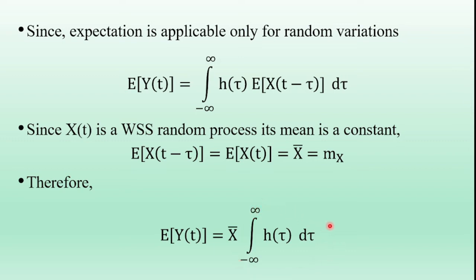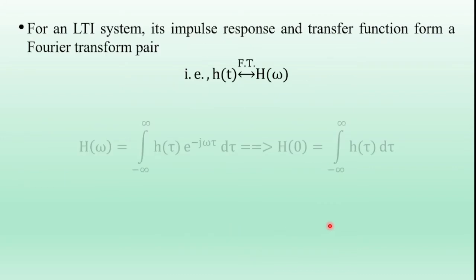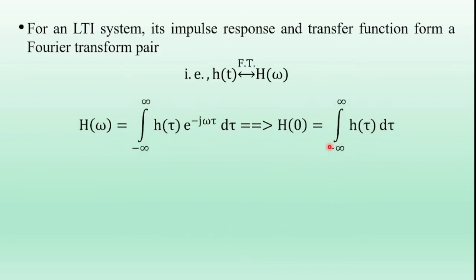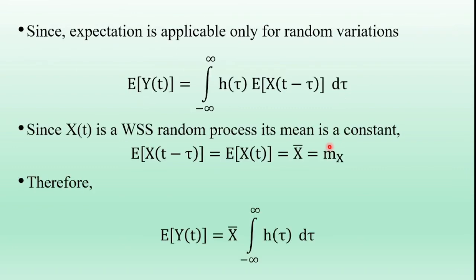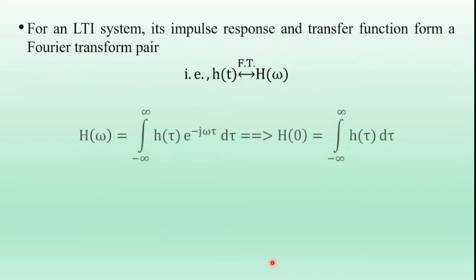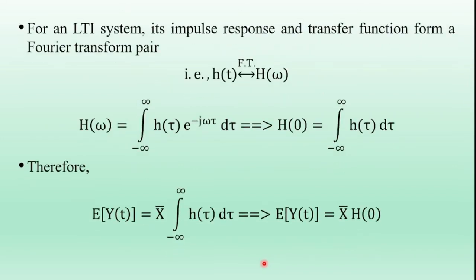Applying this condition into this equation, we get the mean value of the system response: expectation of y of t is equal to x bar into H of 0.